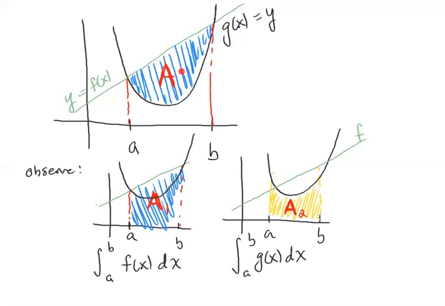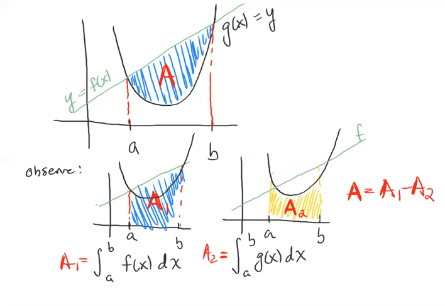So I might say that the area A is equal to area 1 minus area 2. Area 1 I get by taking the definite integral from a to b of f of x. Area 2 I get by taking the definite integral from a to b of g of x.